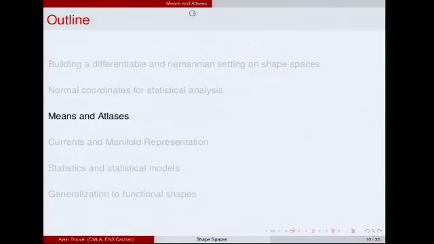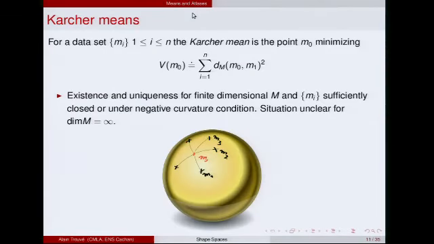I do not want to show explicit formulas, but you have some quite simple things. Okay, so if you want to build a mean in the lattice, what can you do? You can define Karcher means. This is a usual way to define this: minimizing the square of the distances in M. We know that there is a problem of existence and uniqueness depending on the curvature of the space.